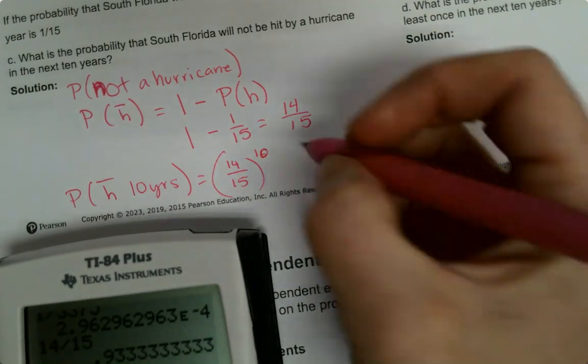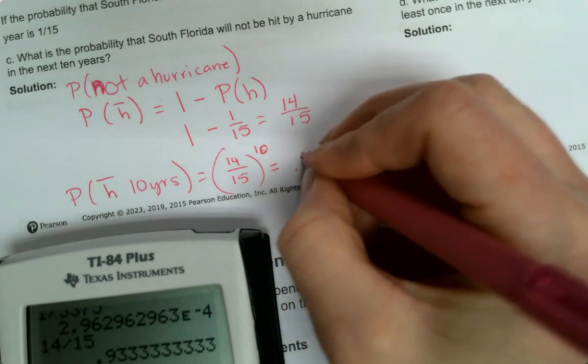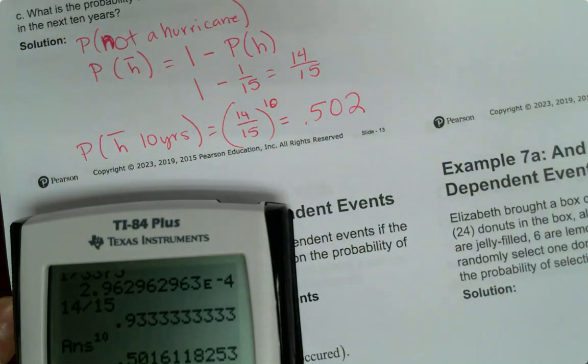Okay. Will not be hit by a hurricane. So 0.502. Depends on what they're asking you to round to.